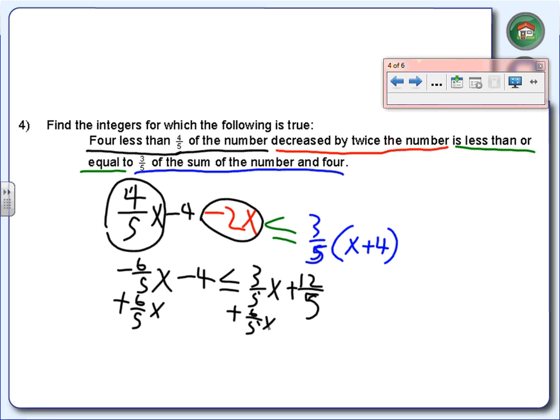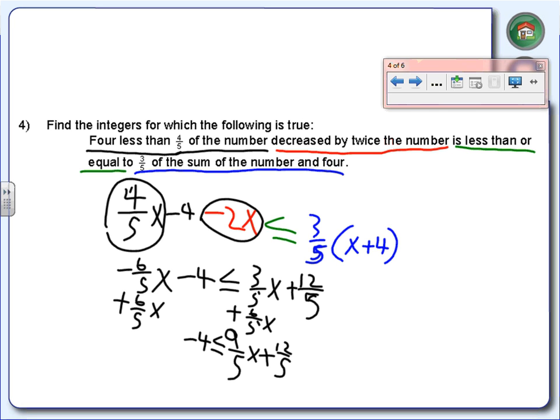All right, now what? So now he's going to subtract. He's going to get all the x's on the same side. Looks like he's moving them over to the right. Nothing wrong with that. Keep going. So 3/5 x plus 6/5 x is 9/5 x plus 12/5. Getting closer here. Keep going.